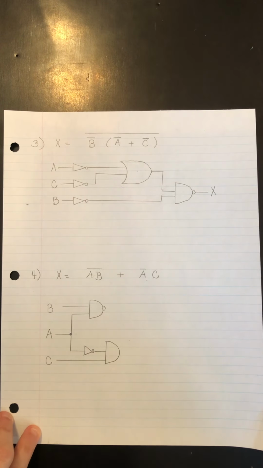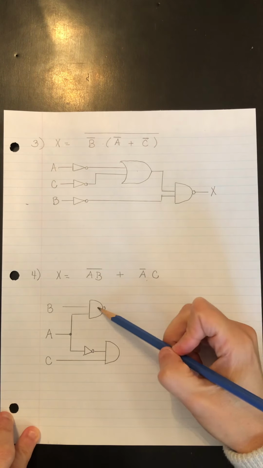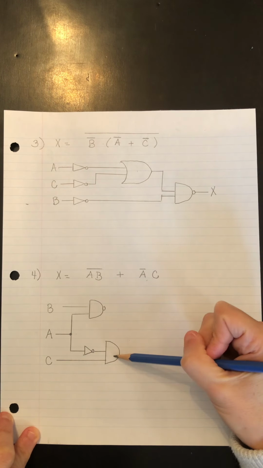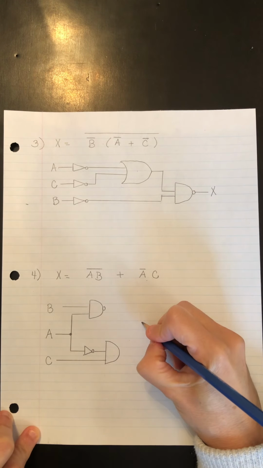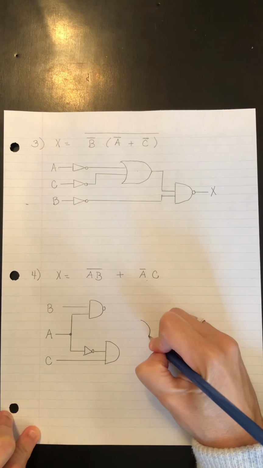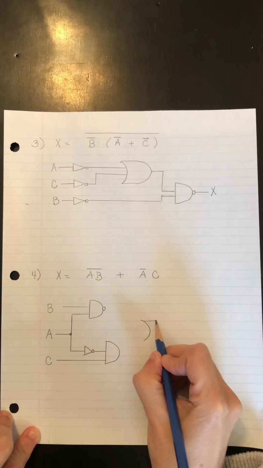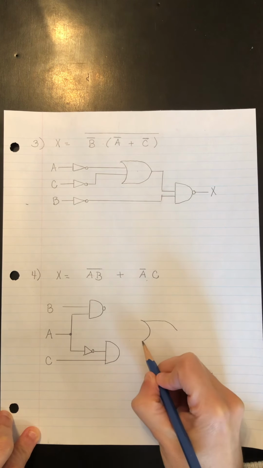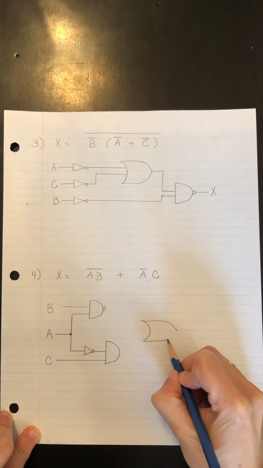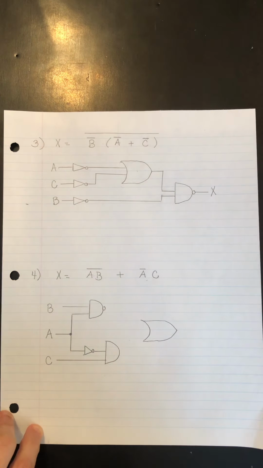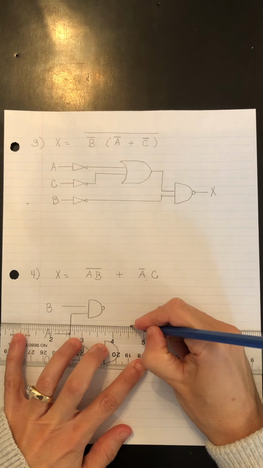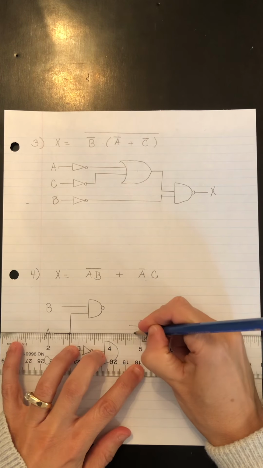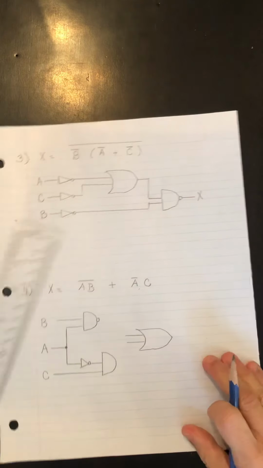Okay, lastly, so I've got this guy set up here. I've got this guy set up here. Now what's going on between them? Addition. So what does that mean? I need to draw an OR gate. So round in the front and then something like this. I don't know. Okay, looks great. So then, oops.